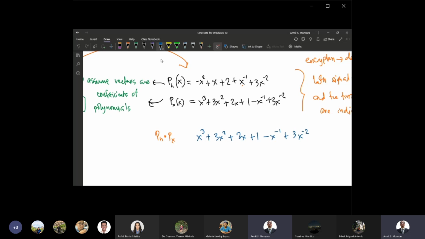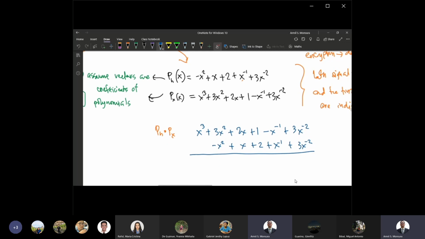Then the other one, like how you multiplied polynomials in high school, right? You arrange it in a vertical manner, grouping in a column the terms with the same exponent. Say, this becomes negative x squared plus x plus 2 plus x raised to negative 1 plus 3x raised to negative 2. So we multiply that.